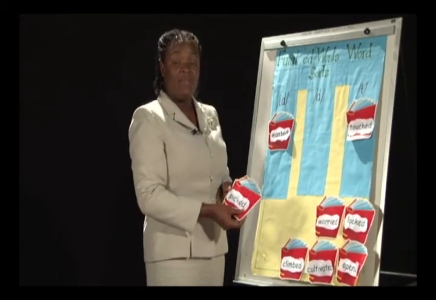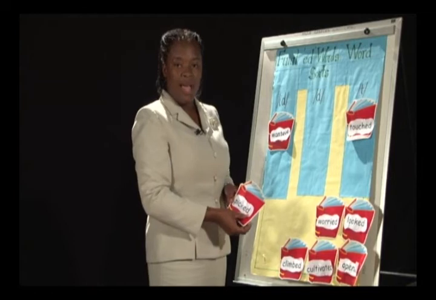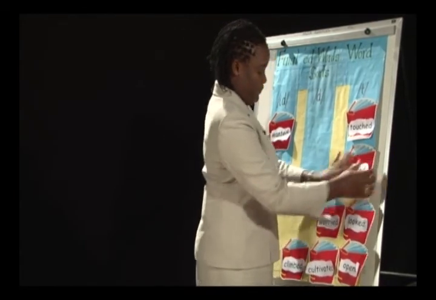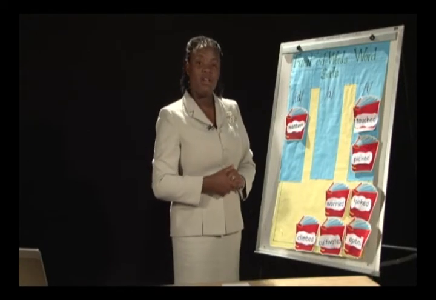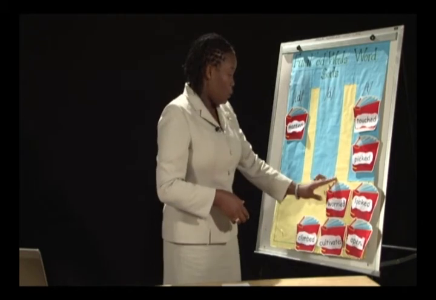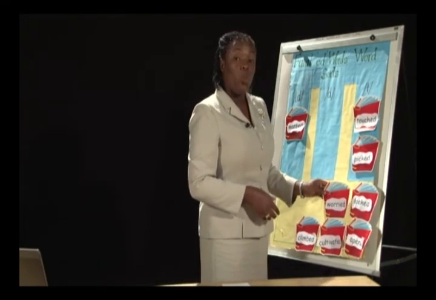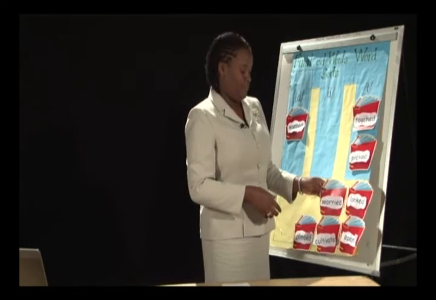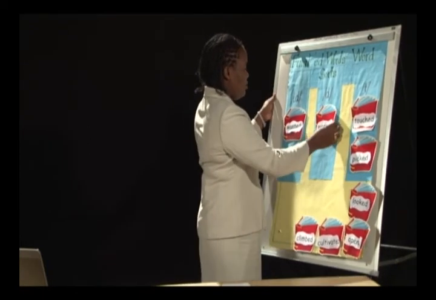Picked has the t sound at the end. So it goes here. Okay, boys and girls, I am going to do just one more. The word is worried. What's the sound? D. So we place it right here.